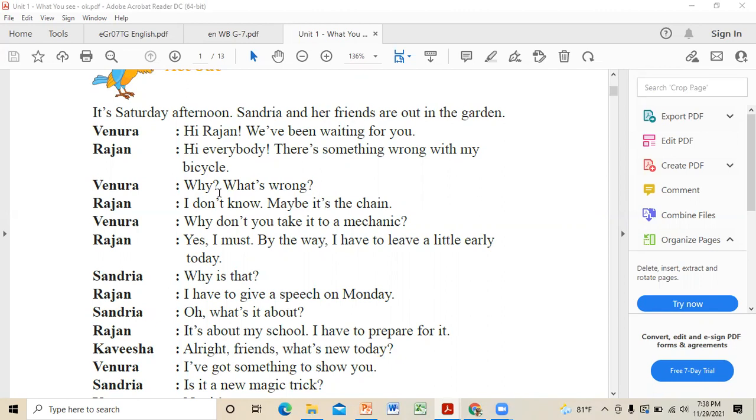And I will read another sentence, maybe this one, Rajan, right? Because here you can see there are commas. It is a long sentence, right? Yes, I must. By the way, I have to leave a little early today.